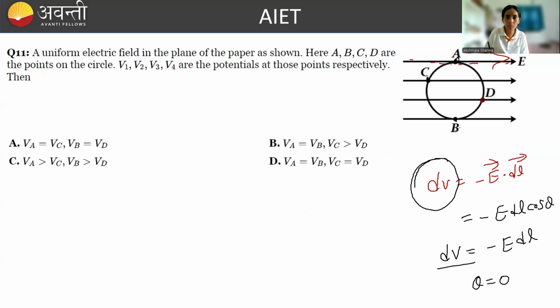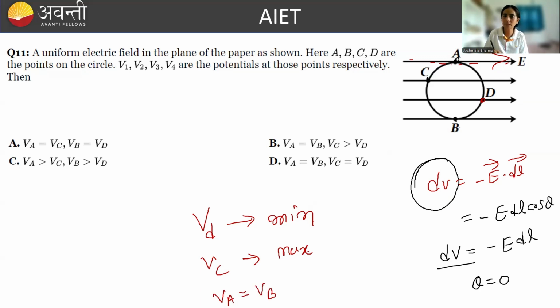So D point will have minimum potential, and C point will have maximum potential, and VA will be equal to VB, such that this is what? This is your less than what? VC, because it is more towards the direction of electric field.